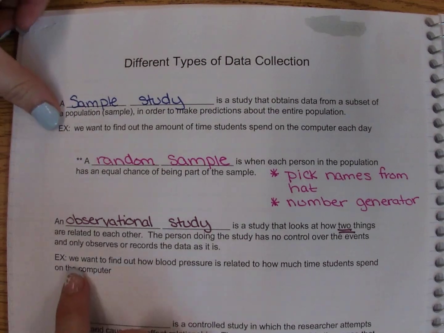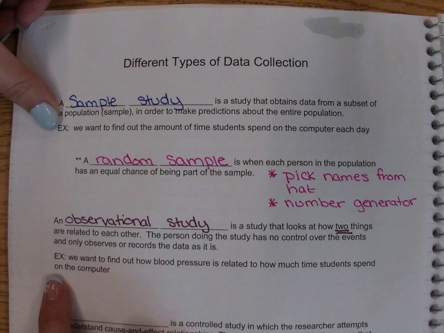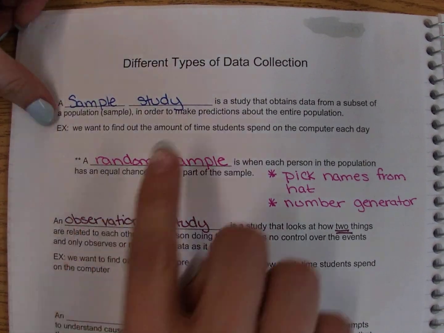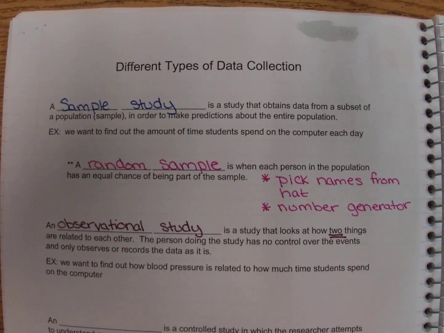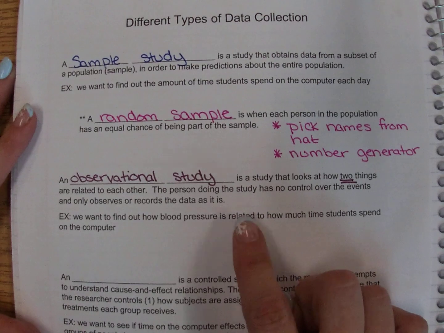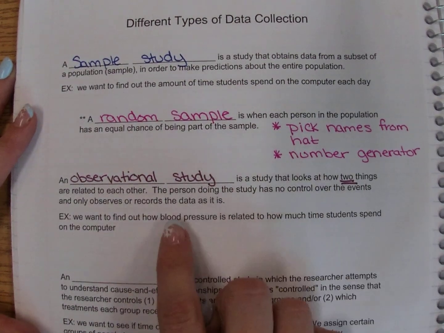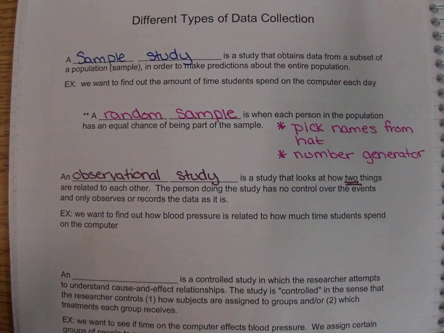So for example, if we want to find out how blood pressure is related to how much time students spend on the computer. Up here in a sample survey, we were only finding out how much time students spent on a computer. Now we want to see how the two things are related to each other, how blood pressure is related to how much time.